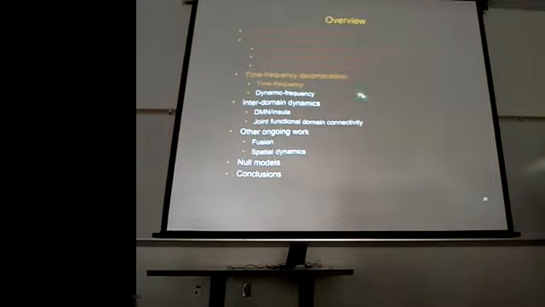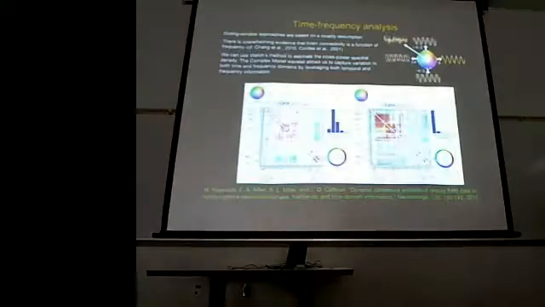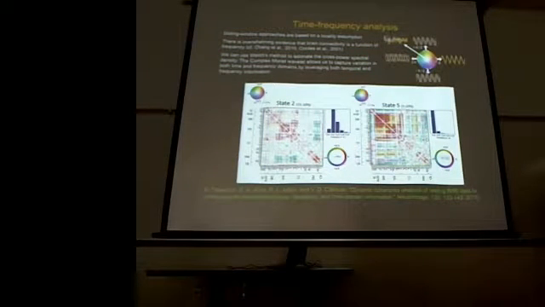Okay. Another approach you can use is a time frequency approach, and this is Maziar Yasubi's work, where basically using a complex Morlet wavelet approach. So instead of using fixed windows, we're using wavelets to adapt to the full time frequency information.